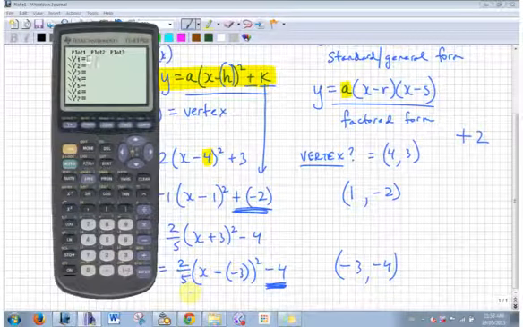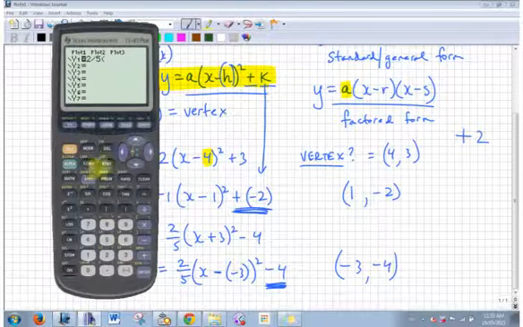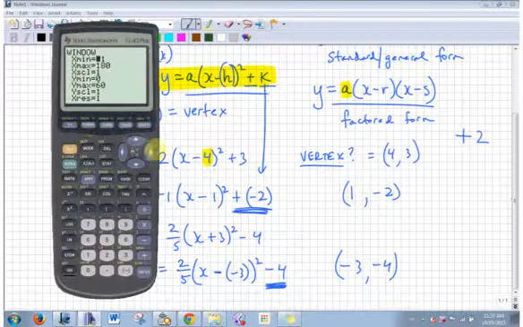How do I put in 2/5? 2/5 bracket x plus 3 bracket squared minus 4. How's my window? Oop, that's not going to work. Negative 10 to 10. That's your standard, right? If you have to move it after this, then you move it. But that's probably where you want to start.